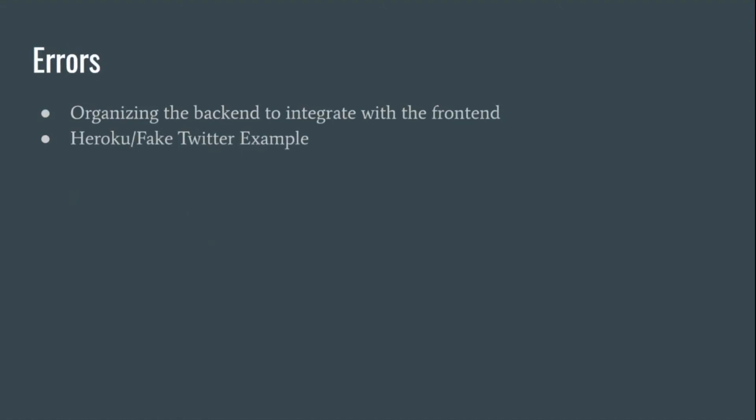Getting the two halves to match was a struggle, which is partly related to our second error, which was a lot of time spent on this distracting example that we found deployed using a different continuous integration service than the one we ended up using. They weren't compatible, and it was essentially a wild goose chase. So that was one of the errors we made.